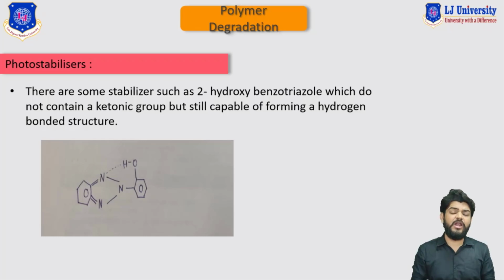We have also seen that the photostabilizer commonly contains one hydroxyl group and one ketone group. We have also seen what happens when the ultraviolet rays come in contact with the photostabilizer and how its structure changes from the normal structure to the hydrogen bond structure. And later we understood that there are some exceptional cases which act as photostabilizers but do not contain any ketone or hydroxyl group, right?